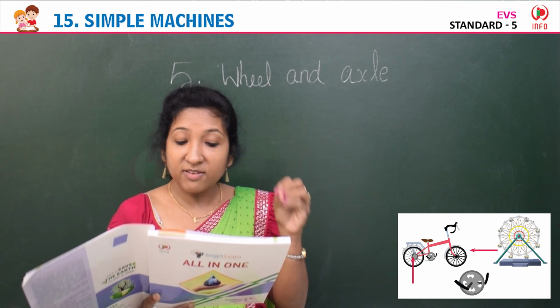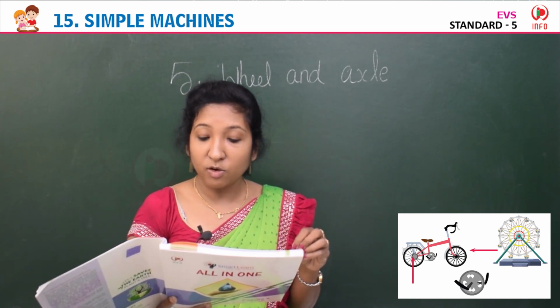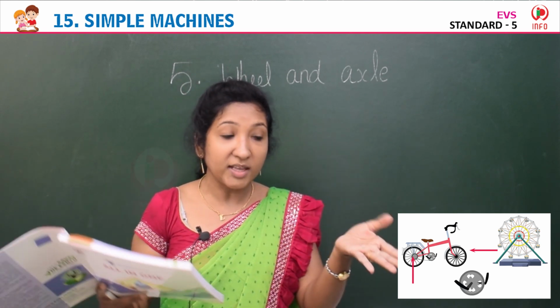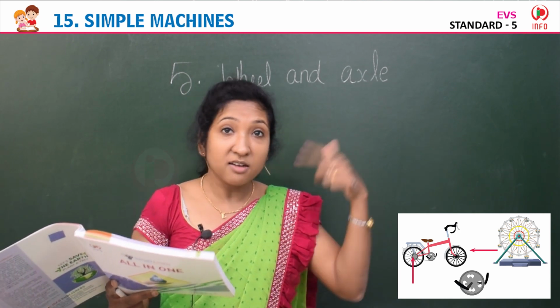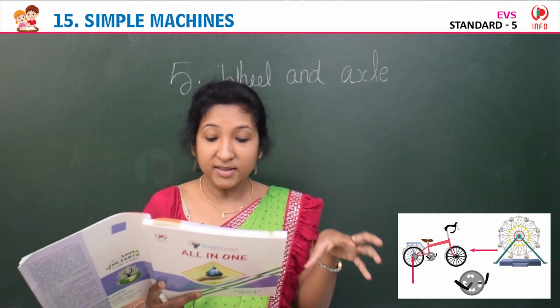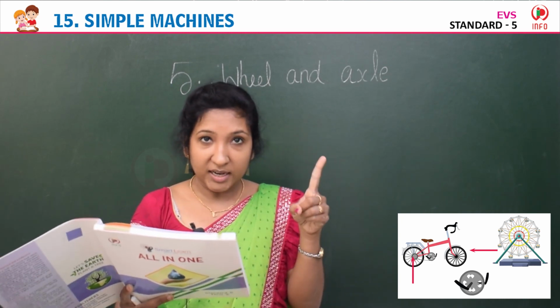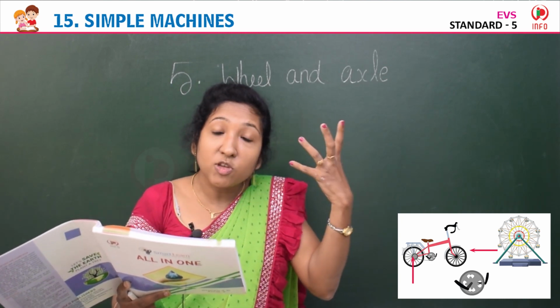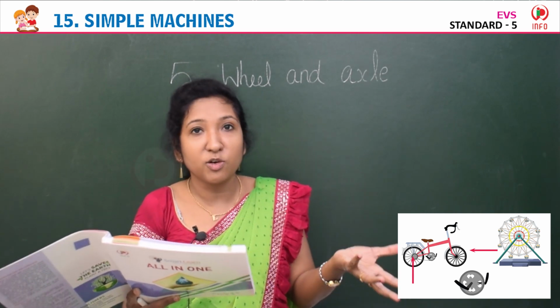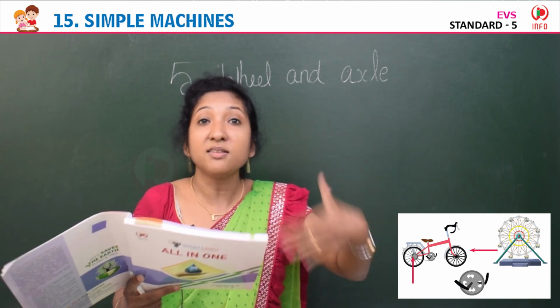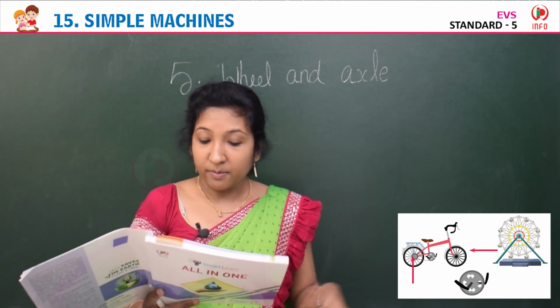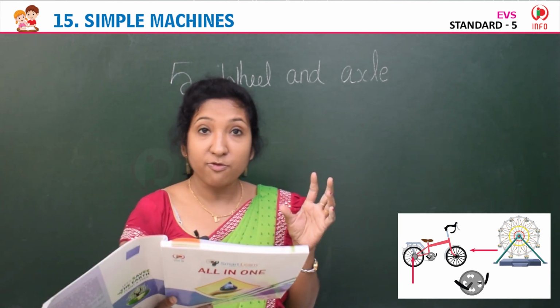Also, wheels on a wagon only touch the ground. You can see the picture over here. Wagon wheels only touch the ground at one spot at a time. The remaining wheel, whether it is actually touching or not we don't know, because of the speed at which the wheel is rotating. So this makes less friction.